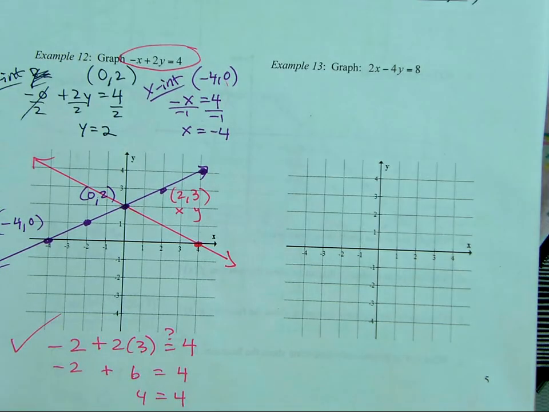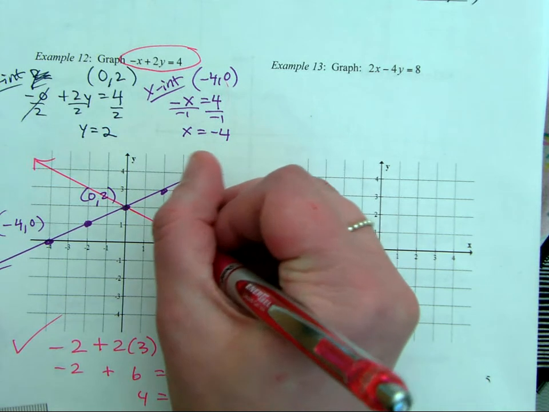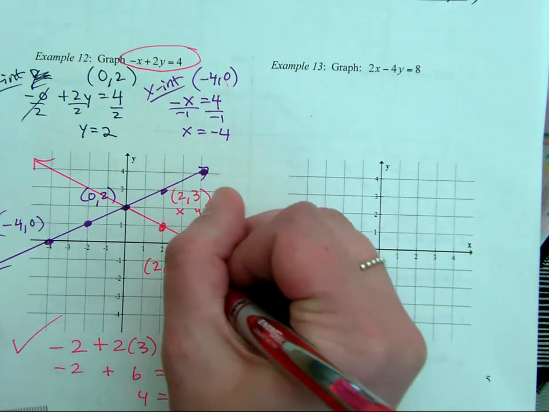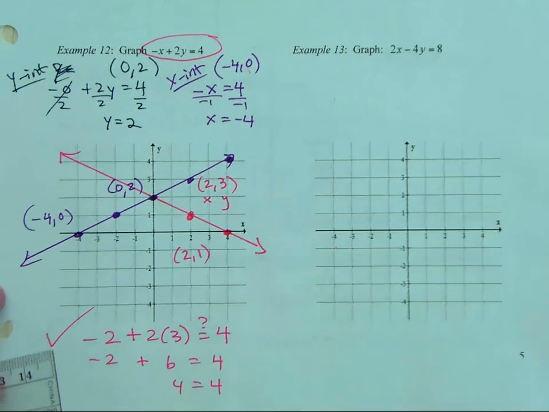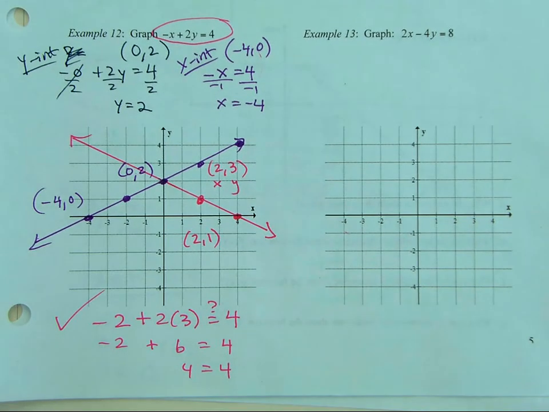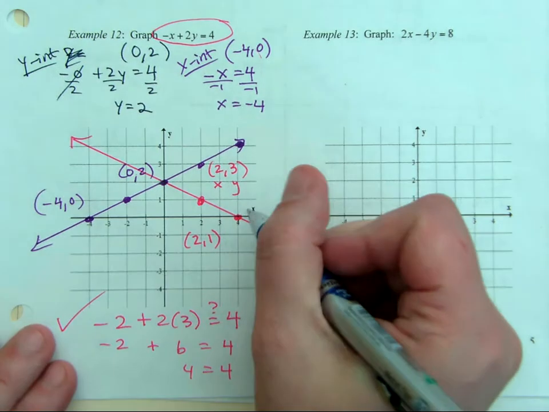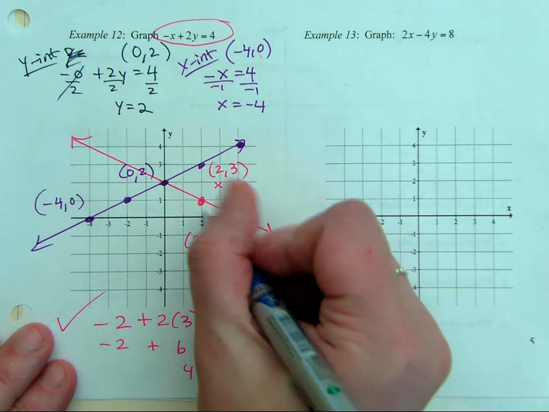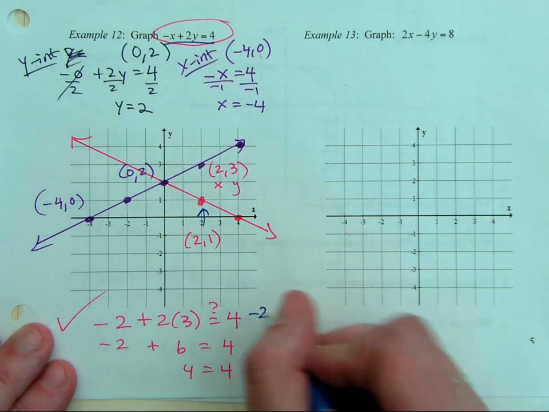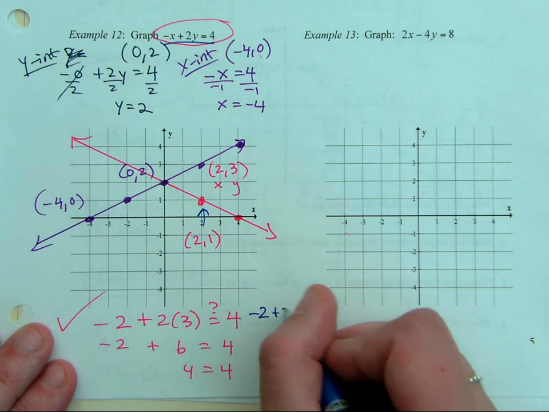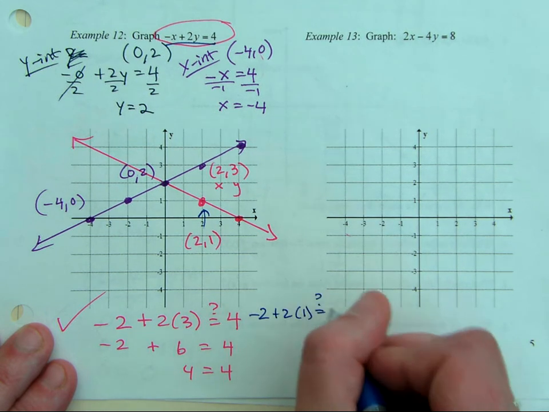And so if I pick any point on this line, let's say I pick 2, 1. I'm just showing you a mistake so that when you make a mistake, you'll know what it looks like, okay? So if I were to plug this point, 2, 1, into my equation, I would go negative 2 plus 2 times 1. Is it equal to 4?